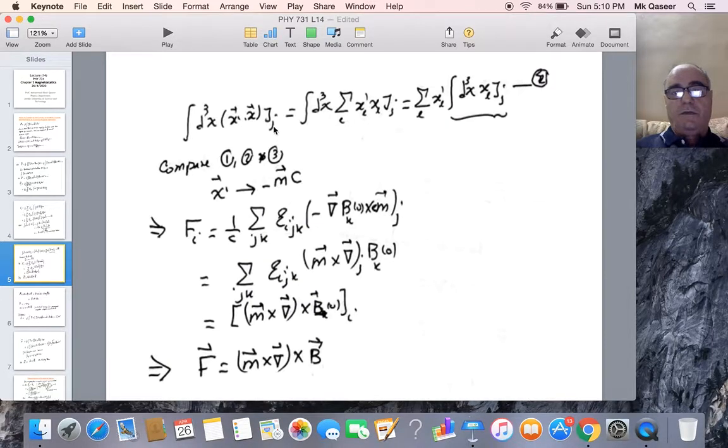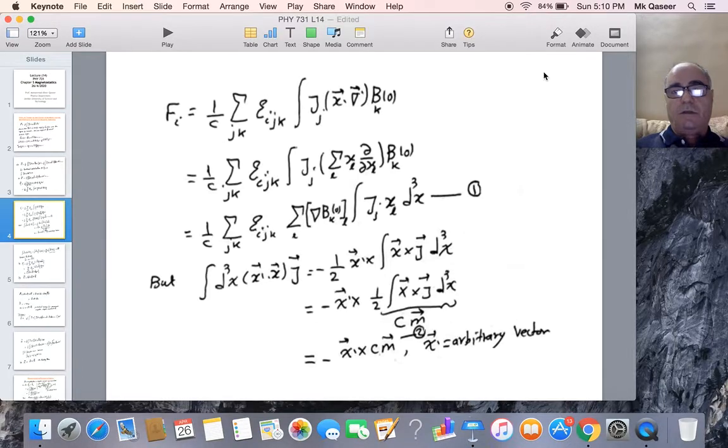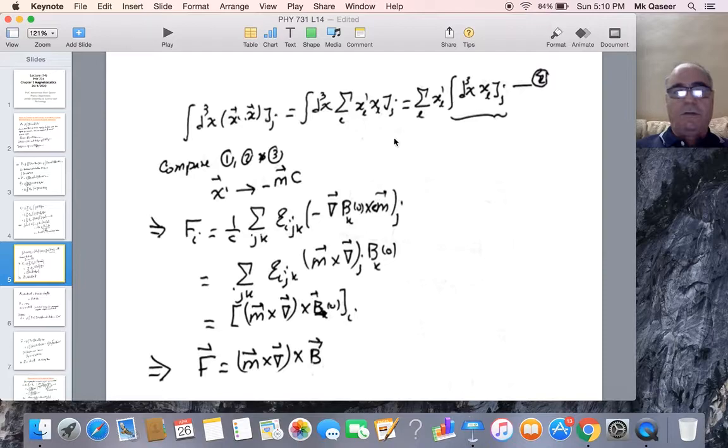So this is the jth component, which can be written in this form. Now if we look at equation 1, equation 2, and equation number 3, we can replace x prime by negative mc, so we get this expression.